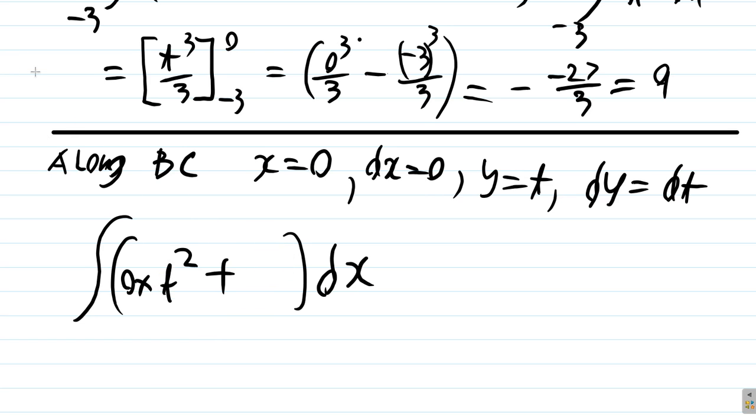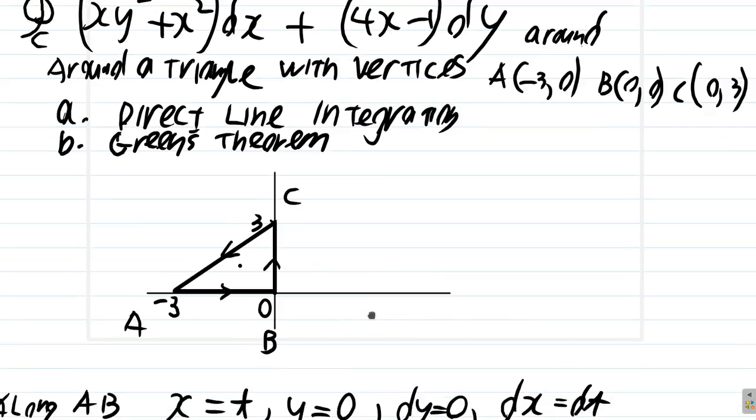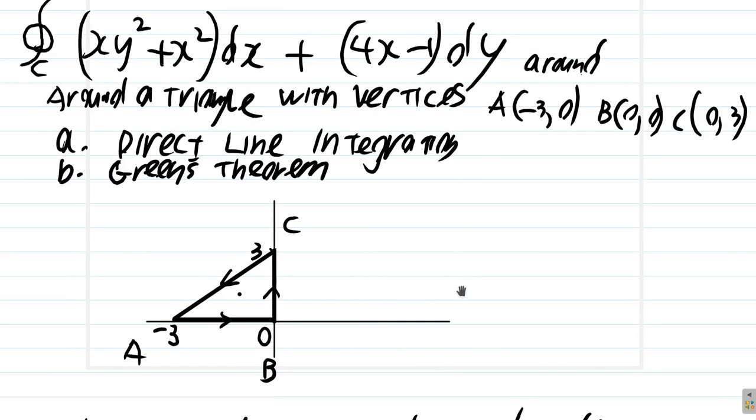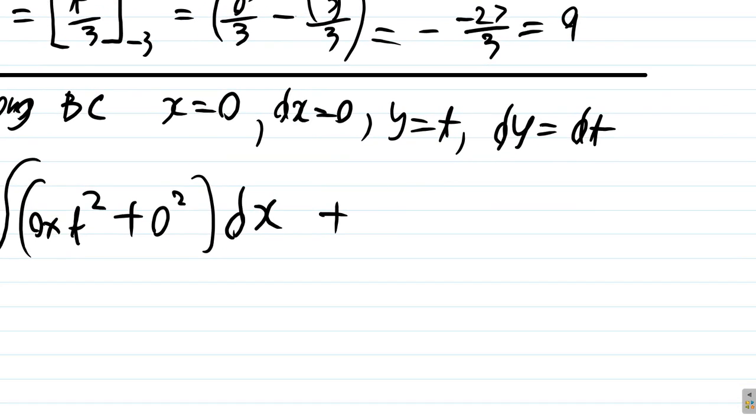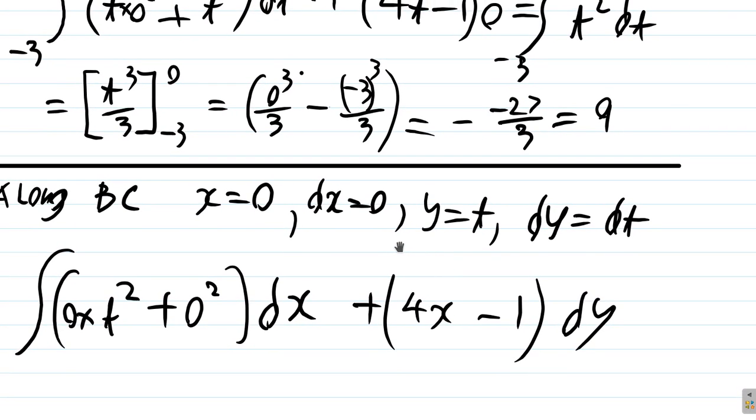But x is 0, so it's plus 0 squared. Alright? Plus then you have 4x minus 1 dy. You want to change it to t and dt. You see here that x is 0, so 4 times x becomes 4 times 0 minus 1 dy. But dy is equal to dt, so you write dt here.